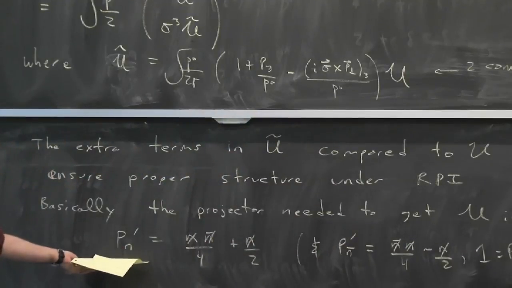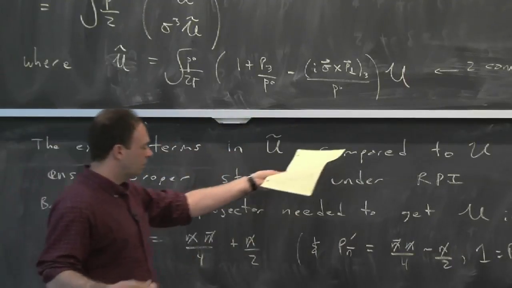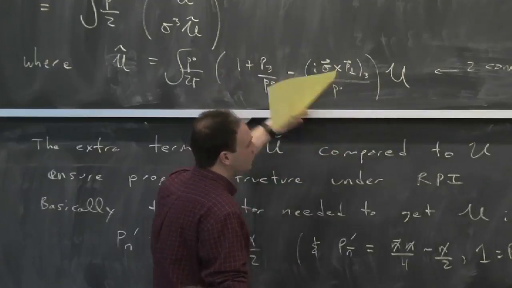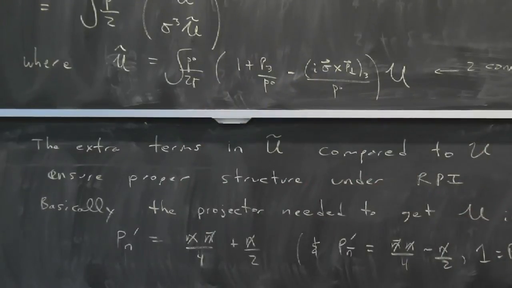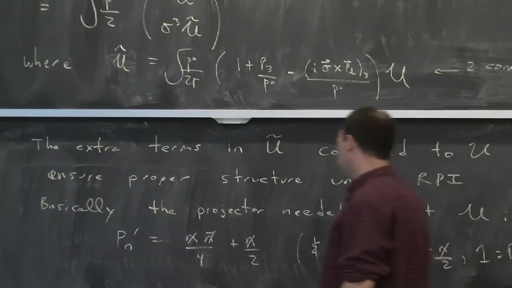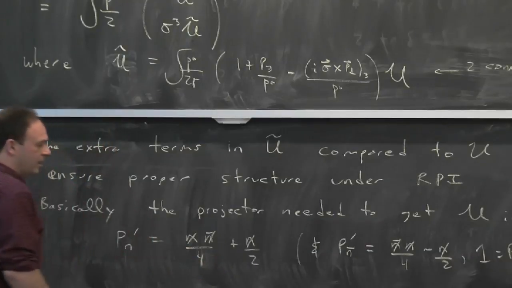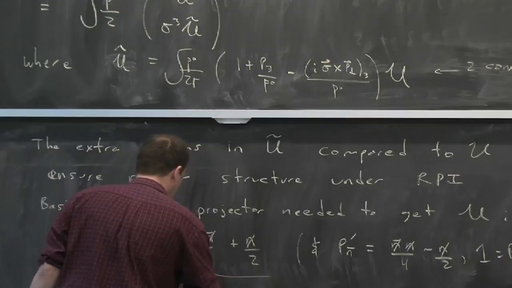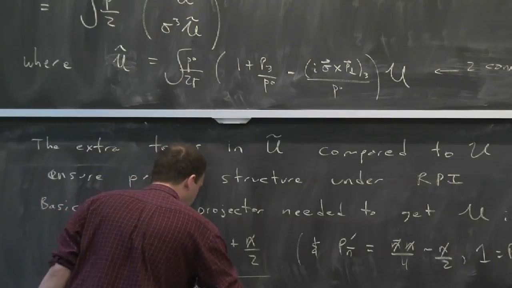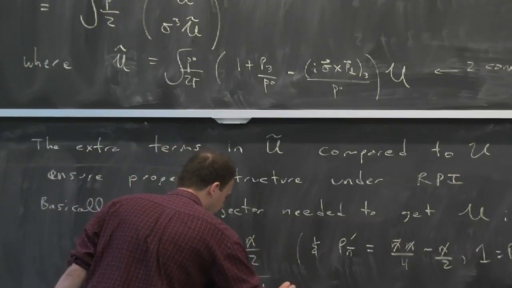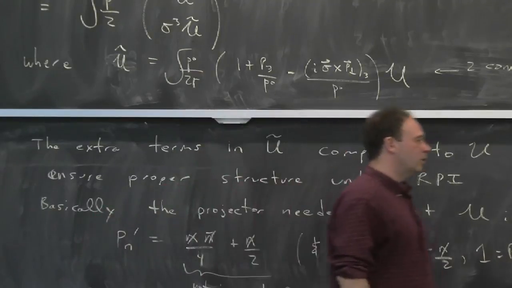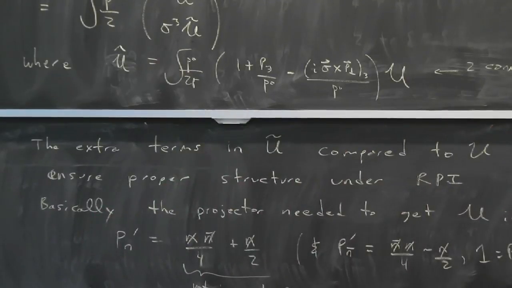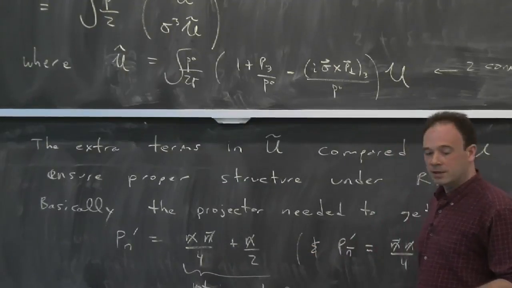And this projector here, when acting on the full theory spinner, would have given something that would have been proportional to this combination over here. Okay, so you just have to believe me. I don't want to go through the algebra, or you can check it yourself. But this projector here is not invariant under that symmetry of reparametrization invariance. So when we talk about RPI, it'll be clear why we want a projector which is this projector and not the slightly different projector, which has this extra n-slash over 2.